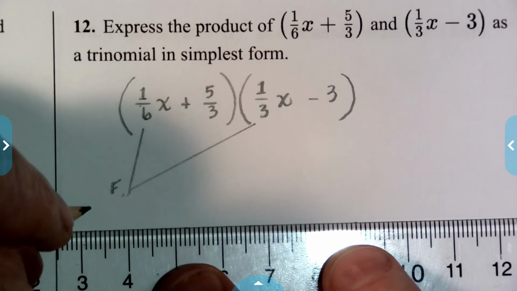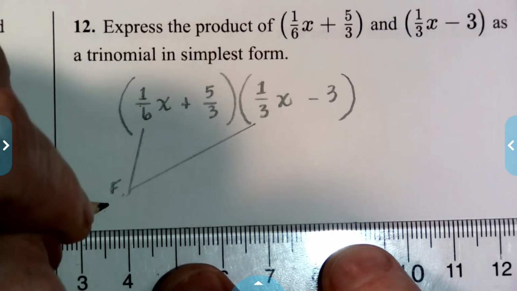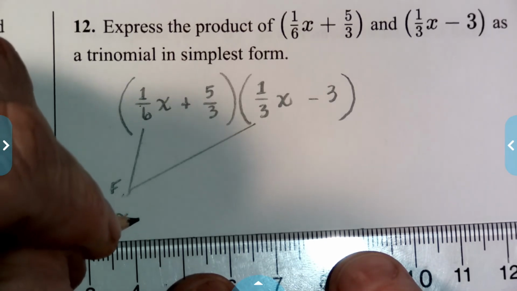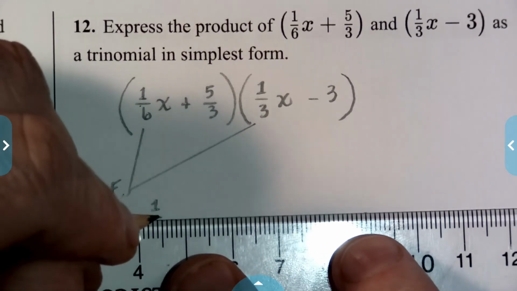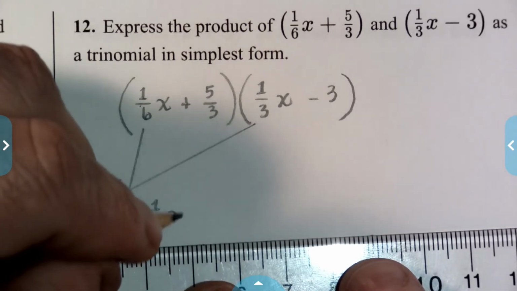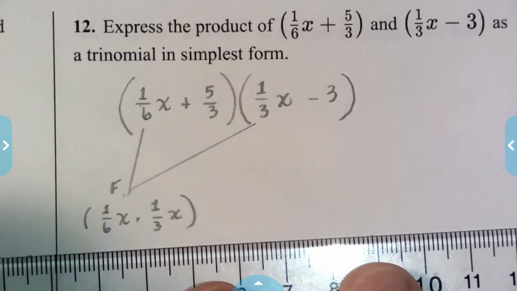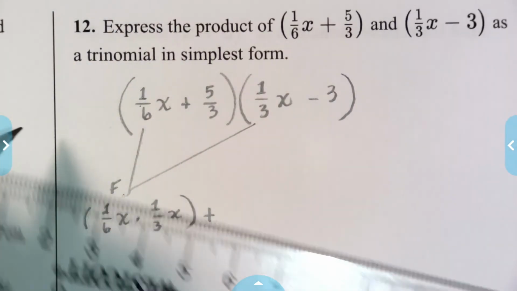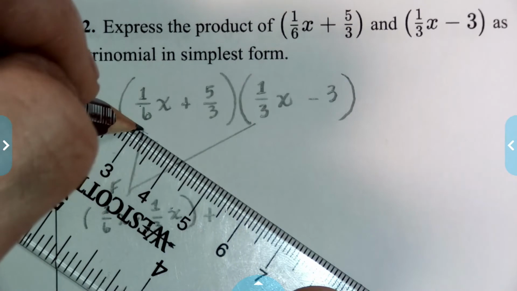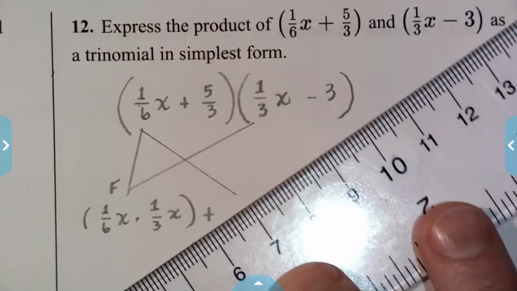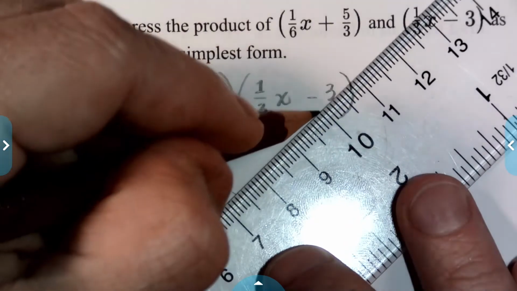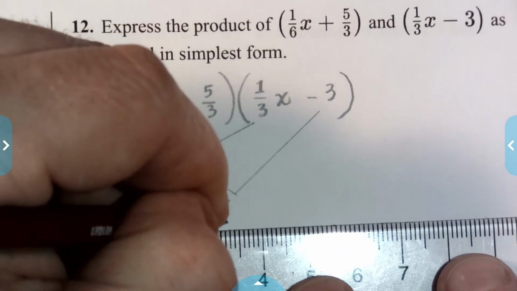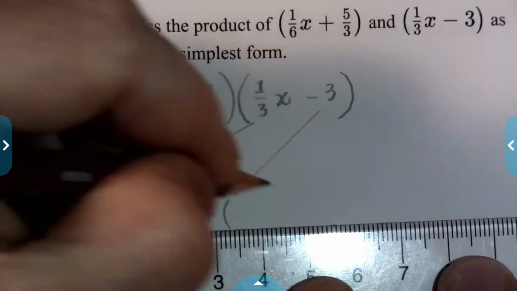Remember, we're going to do this the long way. 1 over 6x times 1 over 3x, okay, plus outer times outer, FOIL: first, outer, inner, last. Outer times outer. Now you're probably noticing something, that I could cancel this, but just do this first.